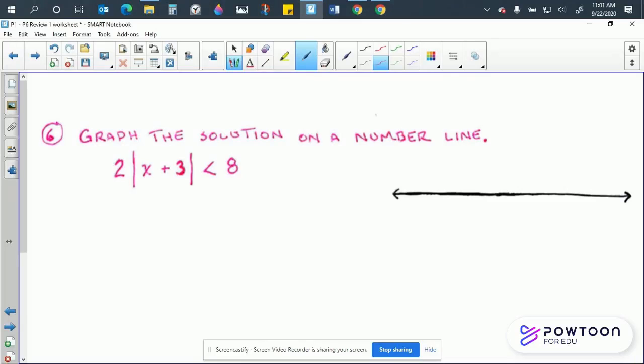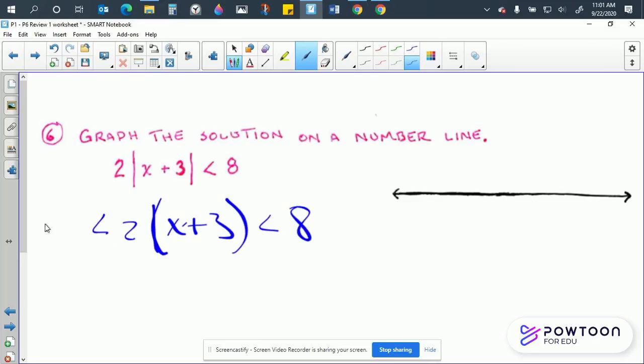Okay, to find the solution of this one, I know that the absolute value of x plus 3 is less than 8, but greater than negative 8. So now we just solve each side of those. So negative 8 is less than 2x plus 6, which is less than 8.